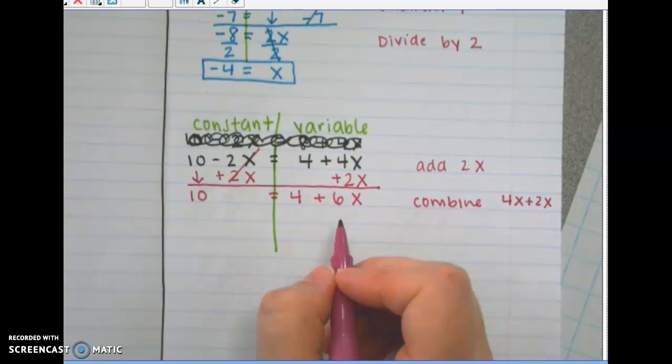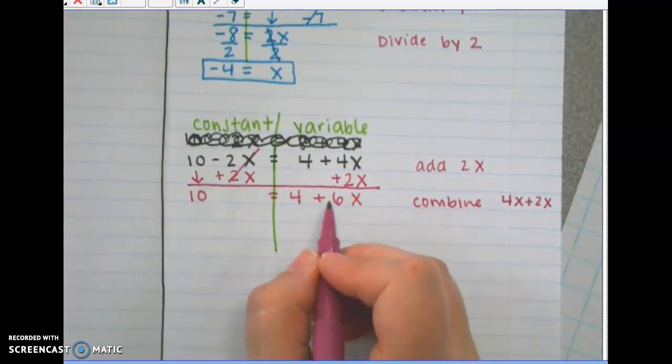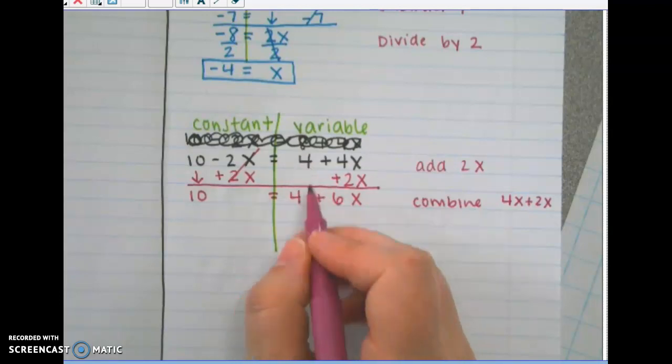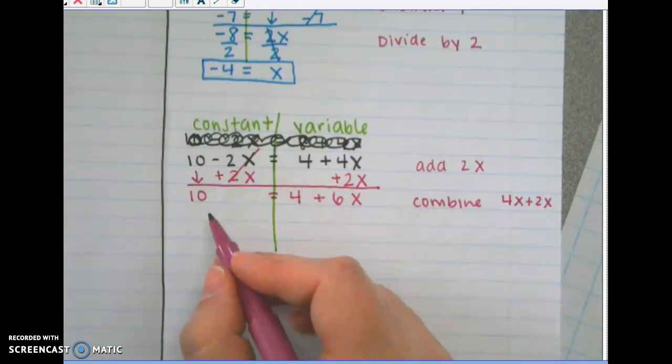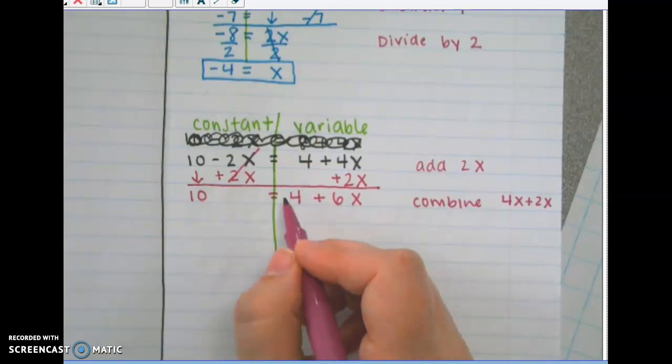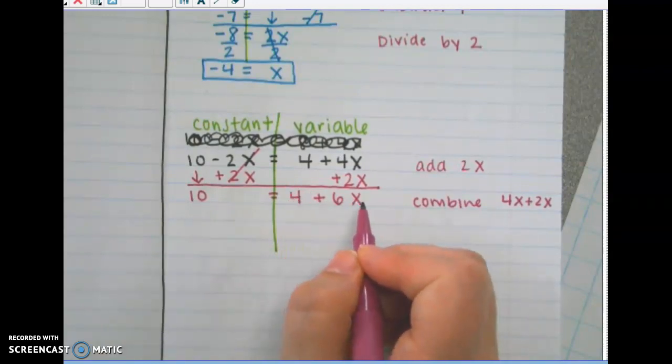All right, now I'm going to look at my variable side and notice that 4 is not a variable term. If you also notice, 10 and 4 are like terms, so they want to be together. And right now 4 is on the wrong side because 4 is matched up with x, and these are different types of terms.